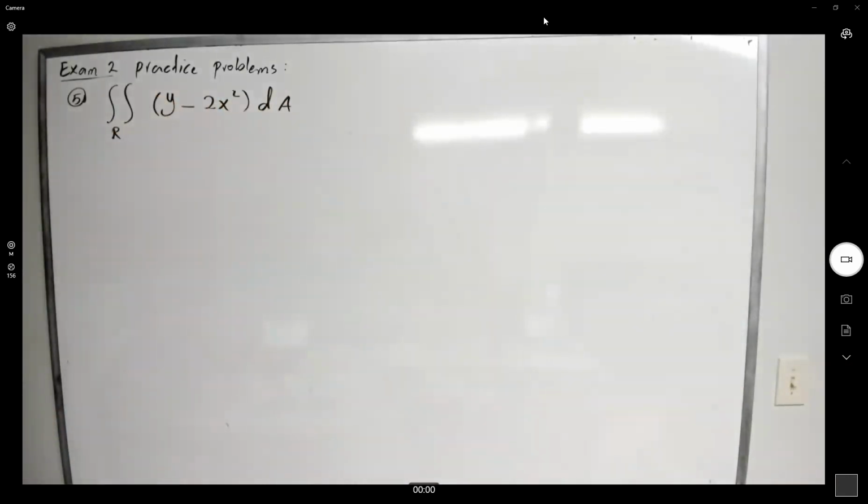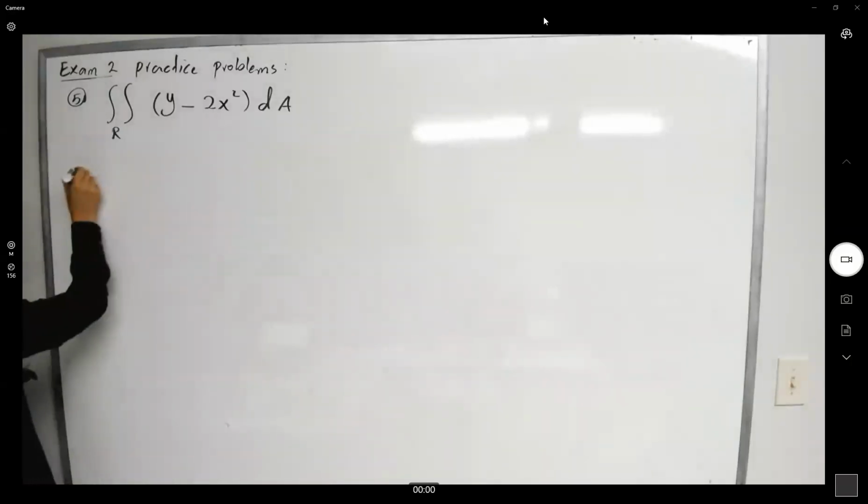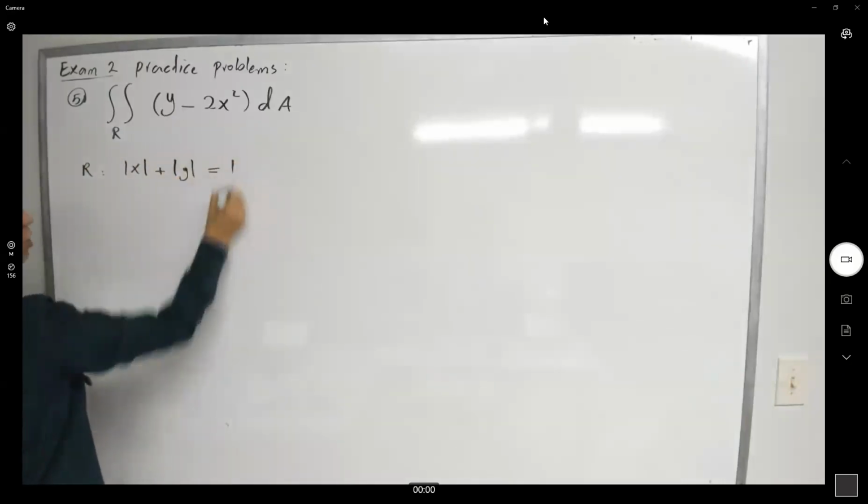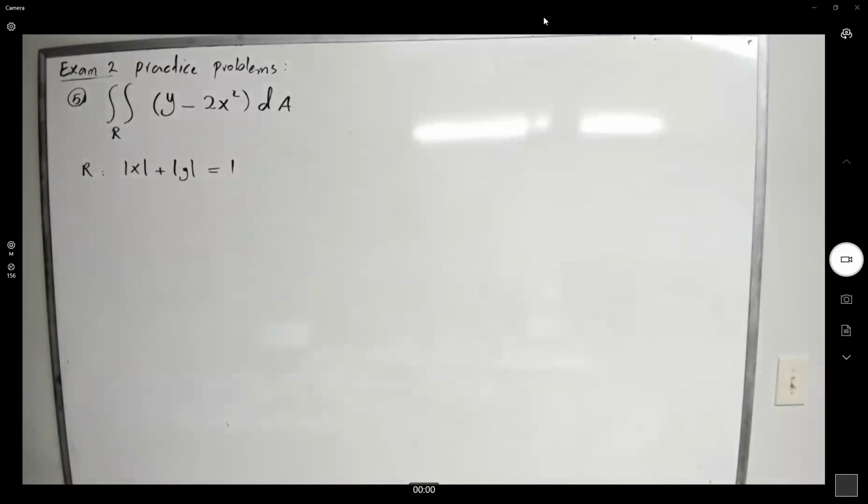What is the given region to us? The given region is R, absolute value of x plus absolute value of y equals 1.